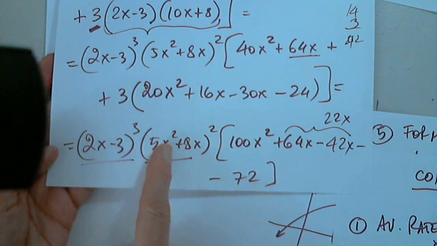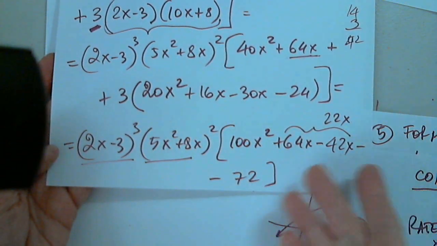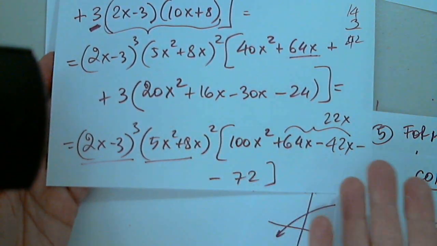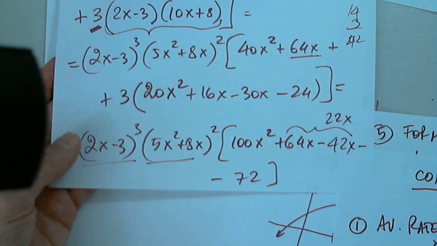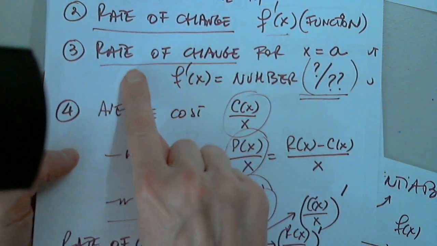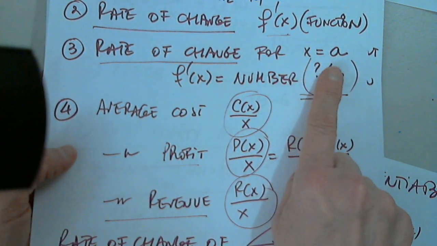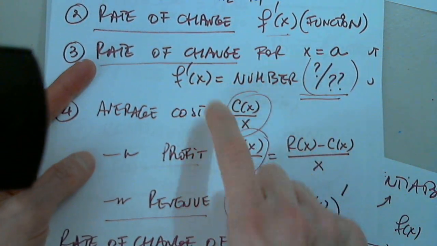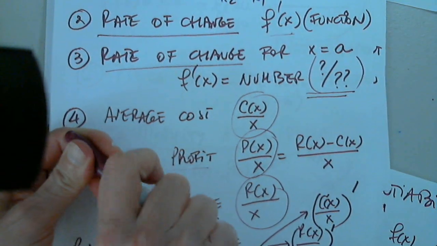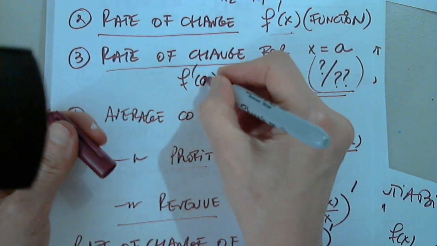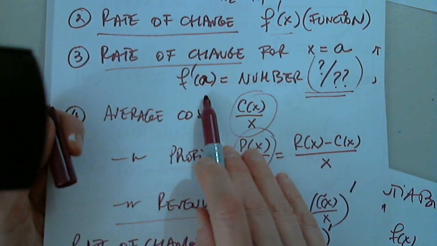Plug in 0 here, plug in 0 here, 0 here, and so on and so forth. Or plug in whatever, f of 1, right? We know how to do that, correct? Plugging in a number in here and finding f prime of a. I should have written just the number in here, f prime of a. Yes?